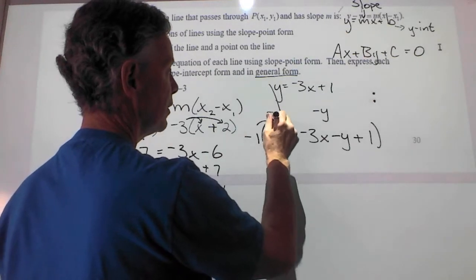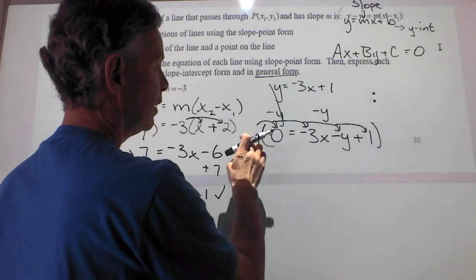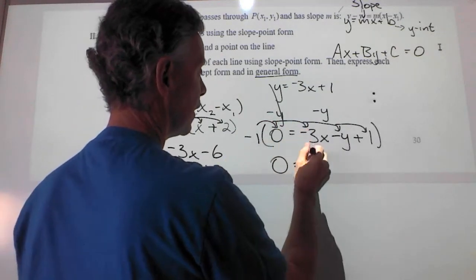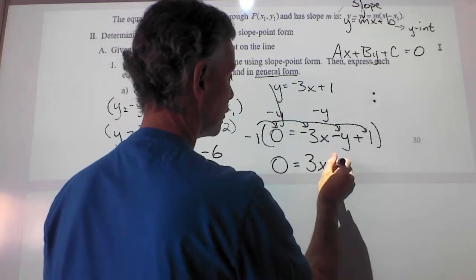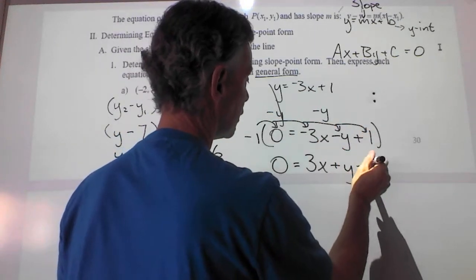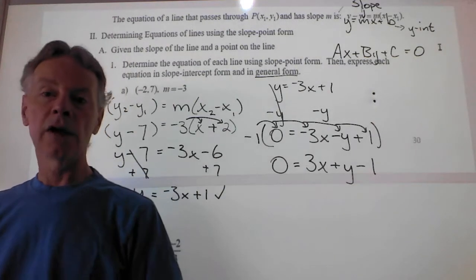So we're going to distribute this negative 1 over everything inside the brackets. Negative 1 times 0 is 0. Negative 1 times negative 3x is positive 3x. Negative 1 times minus y is plus y. Negative 1 times positive 1 is minus 1. Look at us. We're done.